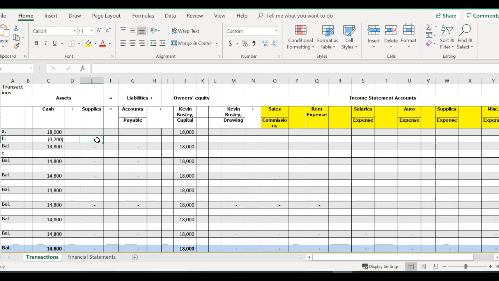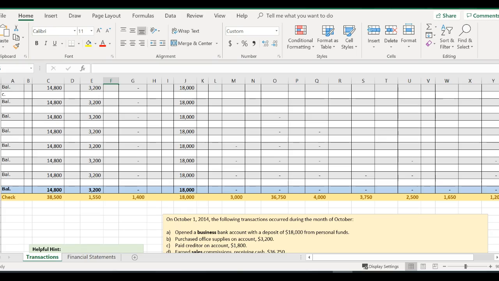So I've decreased my cash. Now I have to increase my supplies. And again, if I move outside of that, it'll expand down through there. So that's B. So I've reduced cash, increased supplies. Assets, assets. It's been a swap.